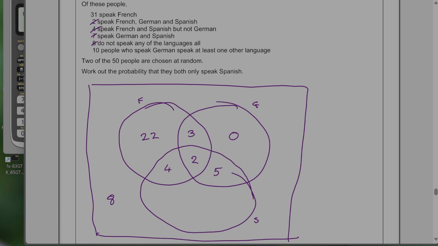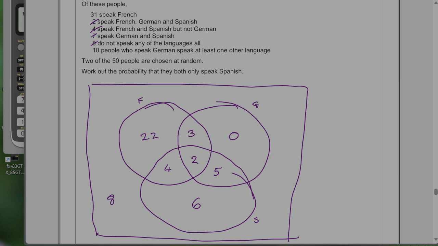And then I think we've got everything that we need. So this adds up to 30, 40, 44. Got 50 people in total. That must mean that there's a 6 there. And that's our Venn diagram filled in.